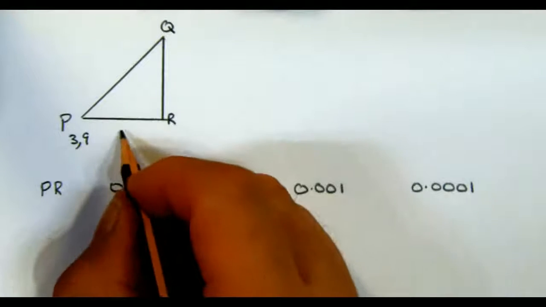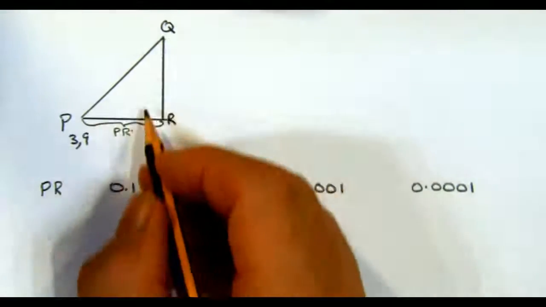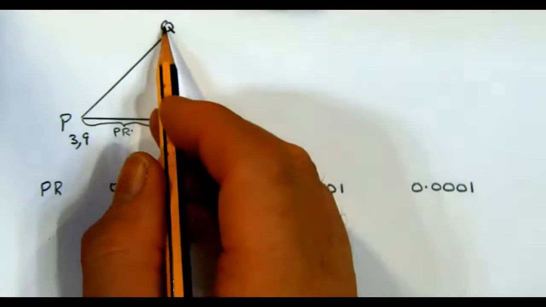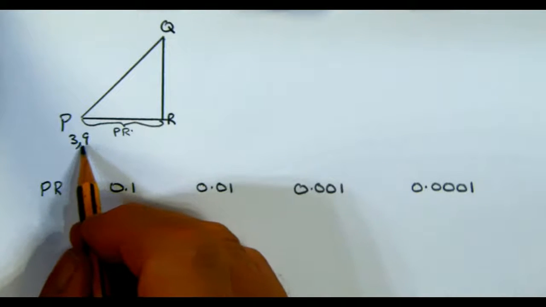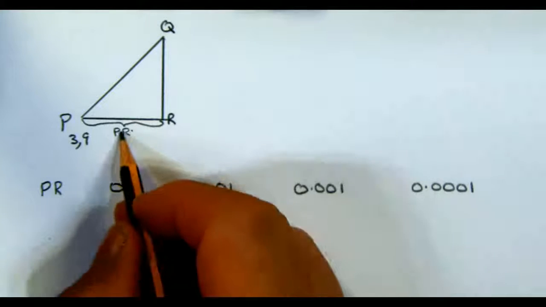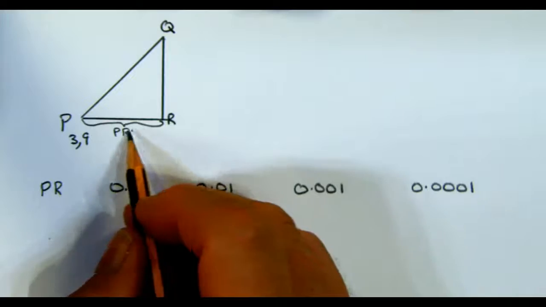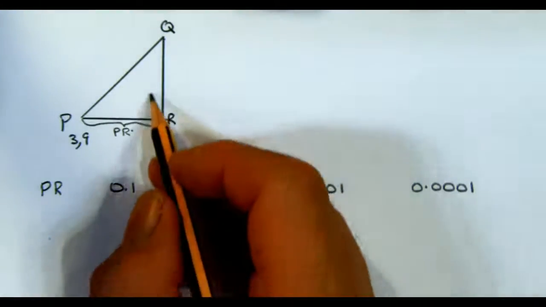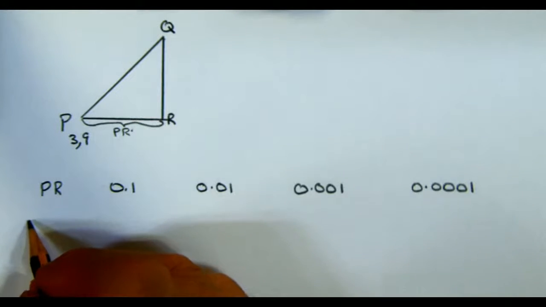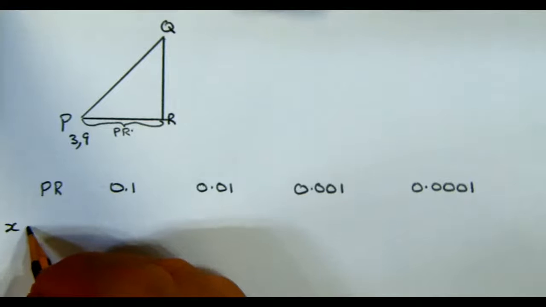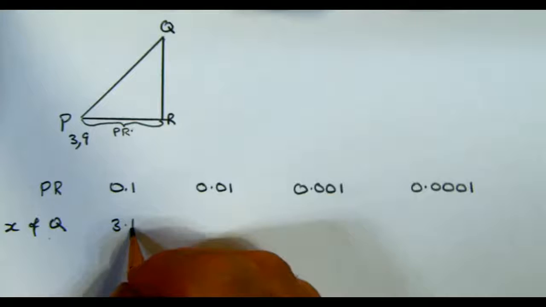Let's decide then what this value of Q is going to be. So if P is at 3, 9, then for this small value, the x coordinate of Q is going to be 3.1.